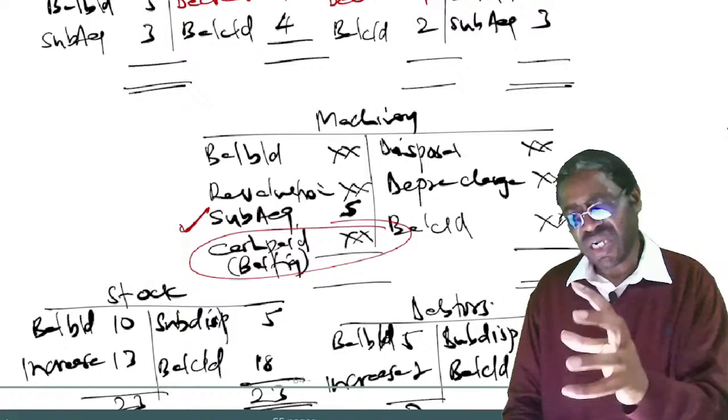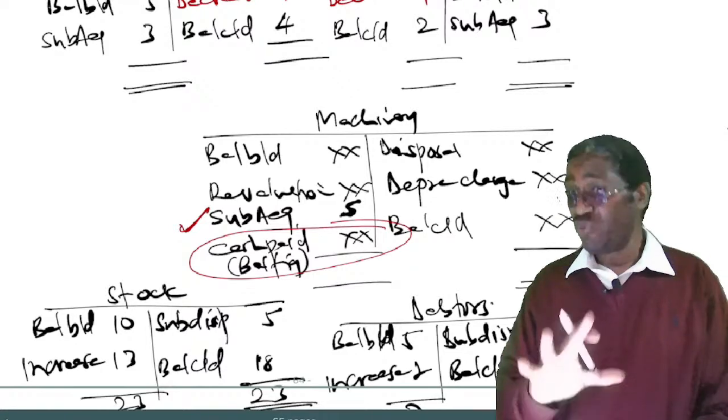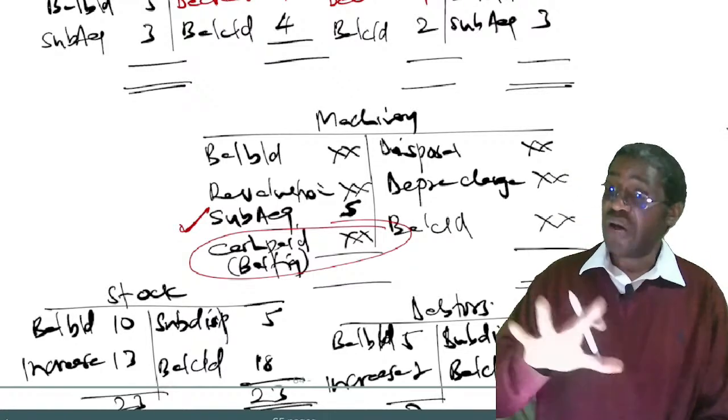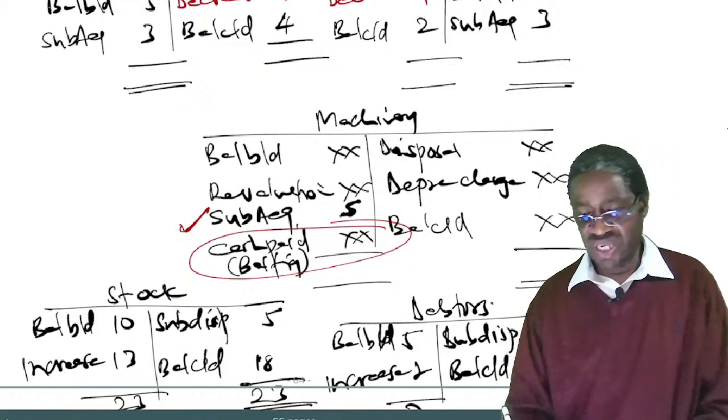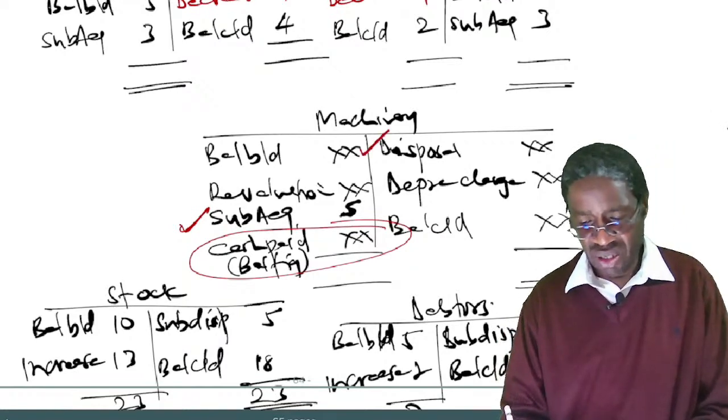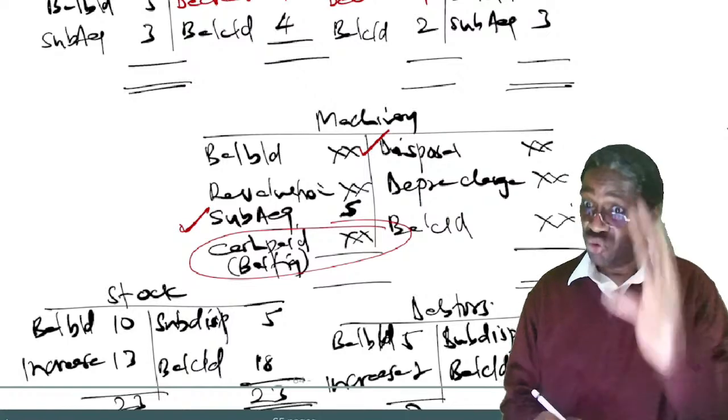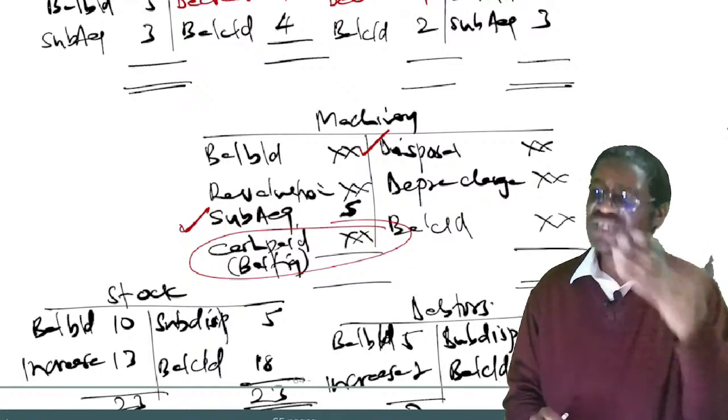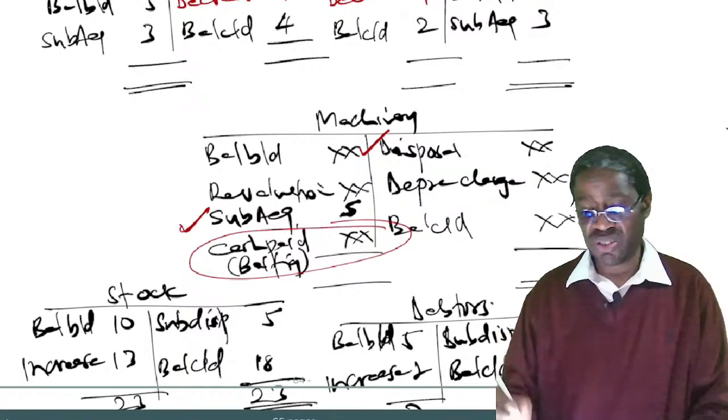To determine that cash paid to acquire new machinery, we have already said you prepare a machinery account. We have said bring down the balance by the beginning, whatever it is. I've told you, if that fixed asset was revalued, maybe upwards, go debit.